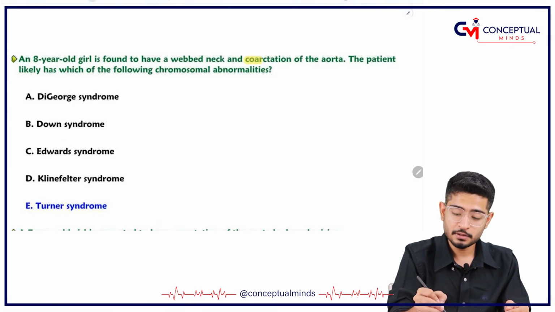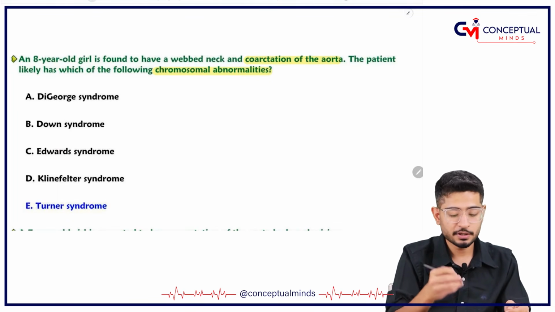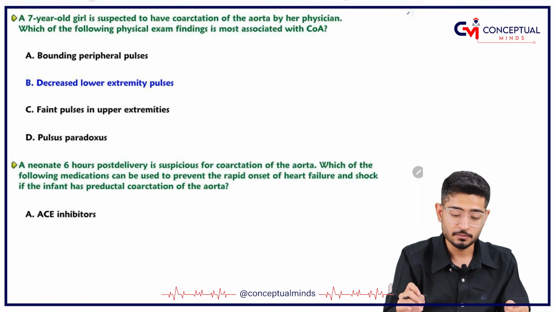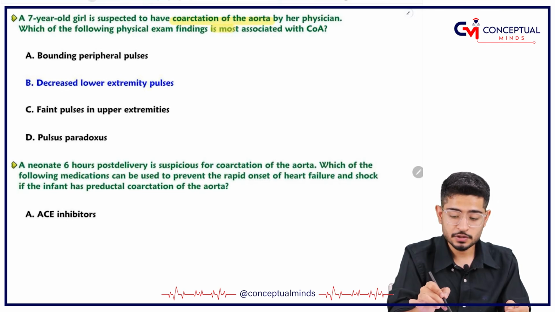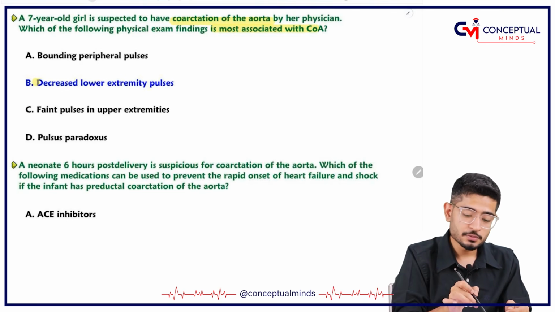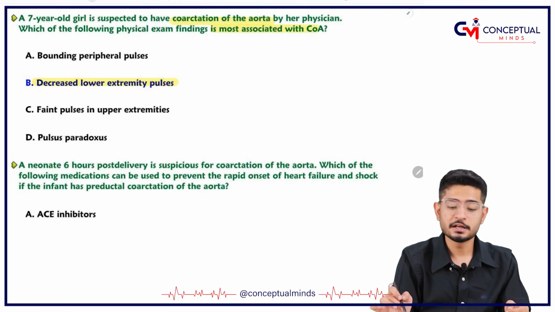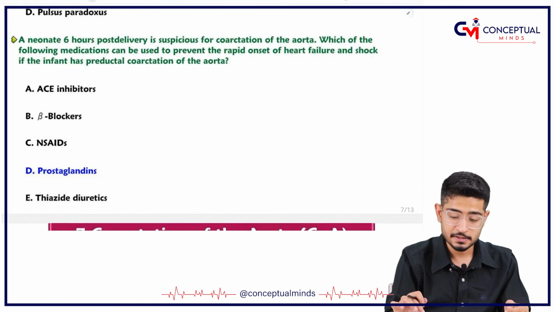Coming on to the next one, coarctation of aorta: which chromosomal abnormality? The answer is Turner syndrome. Then they ask, coarctation of aorta and which is the most commonly associated finding? Most commonly associated is decreased lower extremity pulses. So pulses are less in the lower extremities.